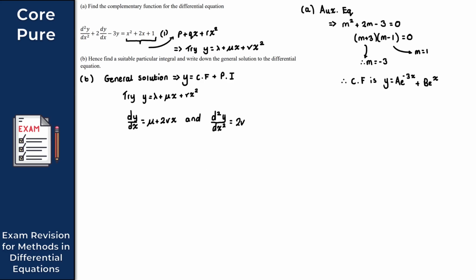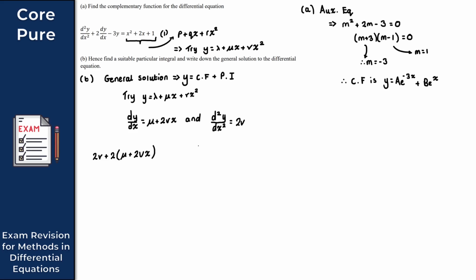Okay. So what I get here then is 2 nu plus 2 lots of dy by dx, so that's 2 lots of mu plus 2 nu x there.